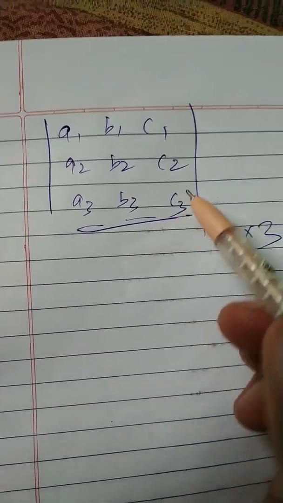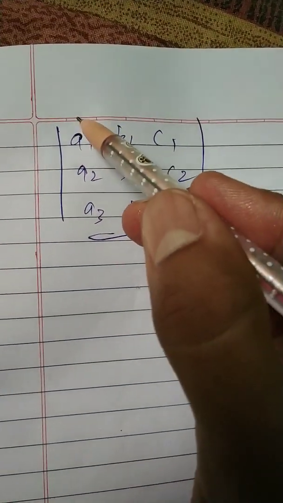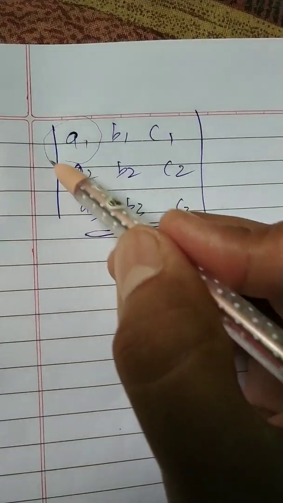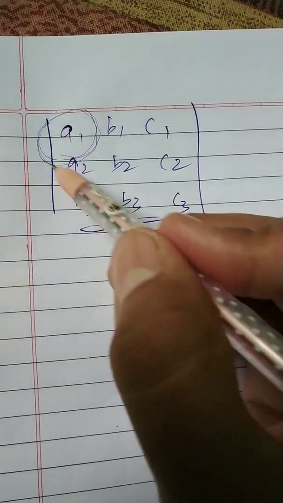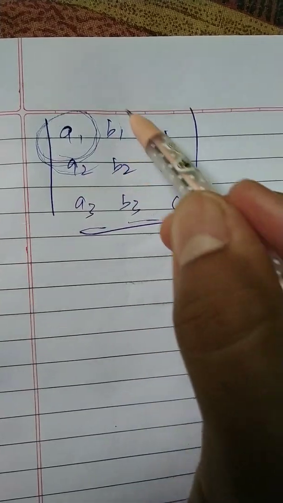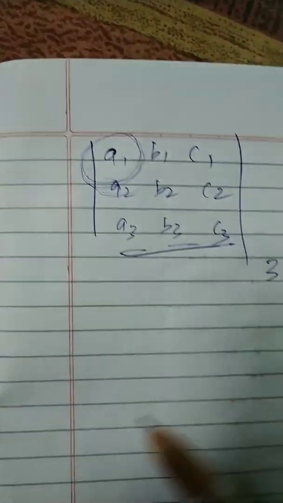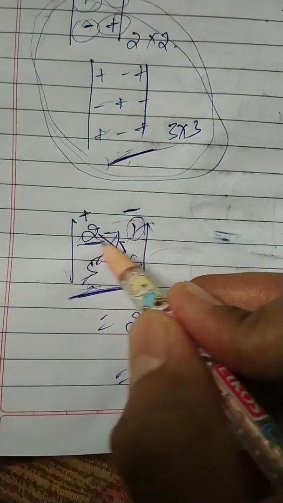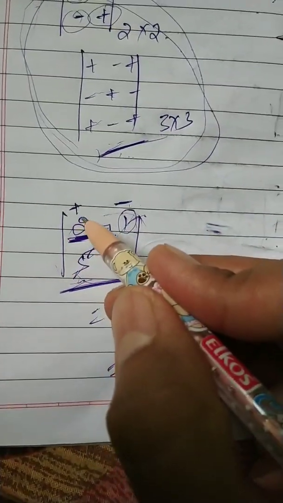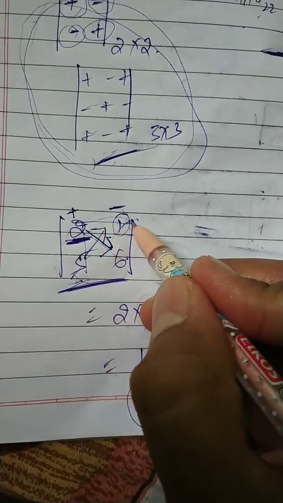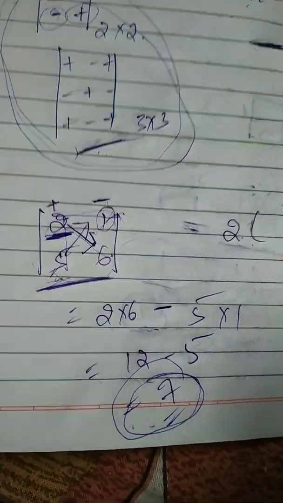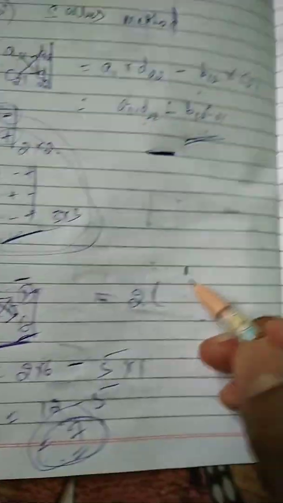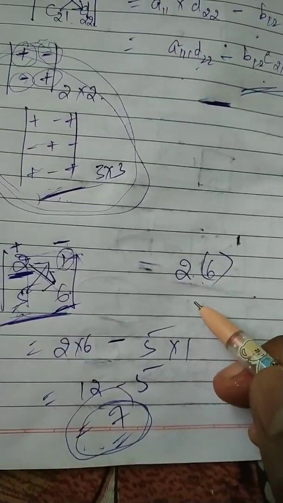So how will you do it? Suppose I'm finding the determinant of A1. Even in the 2 cross 2 case, the determinant of 2, if you are cancelling this way, will be 6.